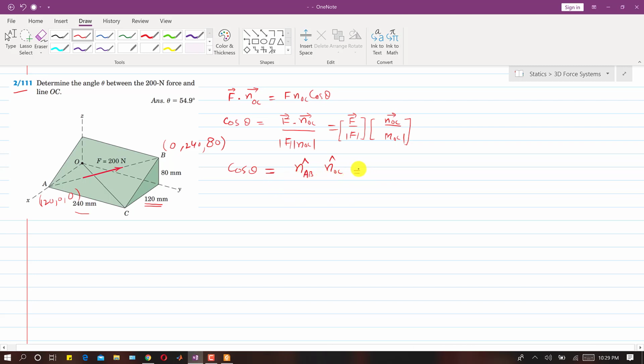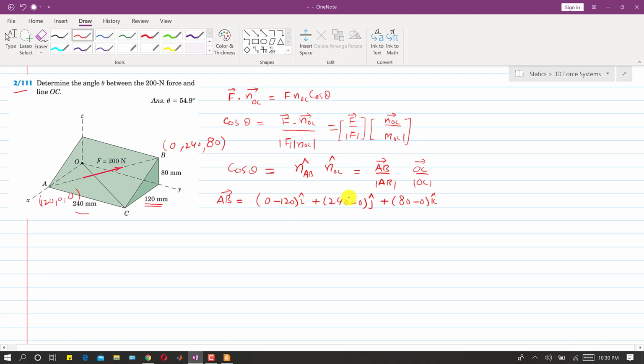So now we can write this as AB vector divided by AB magnitude, and nOC as OC vector divided by OC magnitude. First we will find the AB vector. We subtract the coordinates of A from B: 0 minus 120 i, plus 240 minus 0 j, plus 80 minus 0 k.